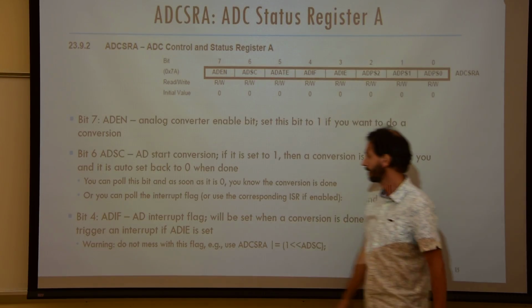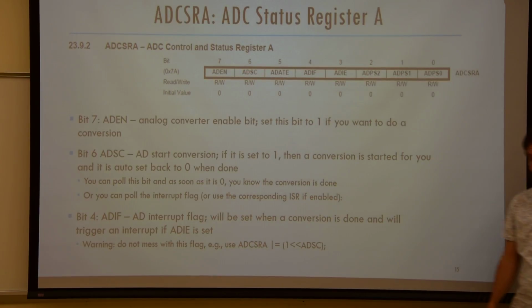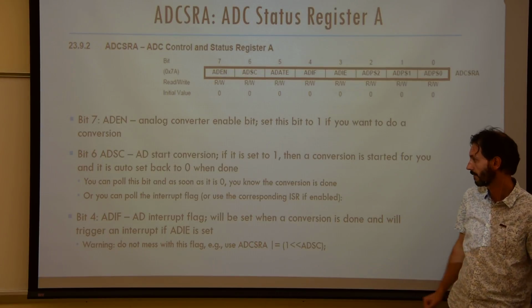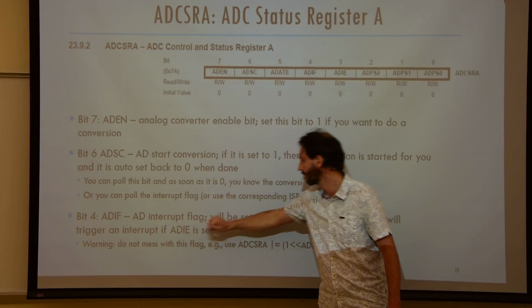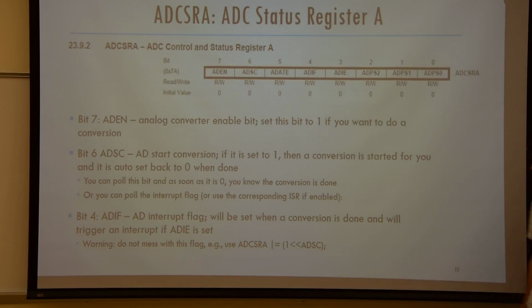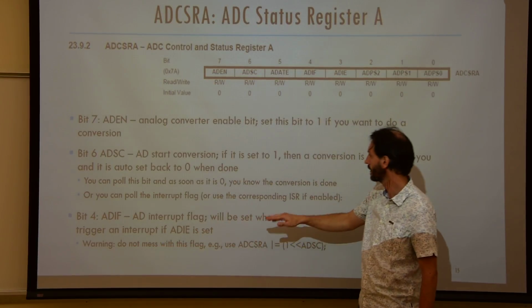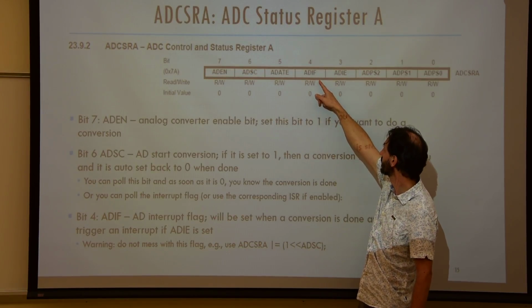So here it is again. ADIF is the interrupt flag, and the interrupt flag will be set when a conversion is done, and it will trigger an interrupt if the ADIE is also set, right? So the interrupt will be triggered if you have enabled the interrupt. So we have to write an interrupt service routine for that. Alright, so make sure to not mess with this flag. That's very important.